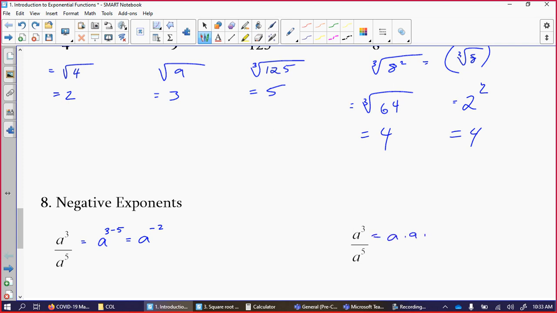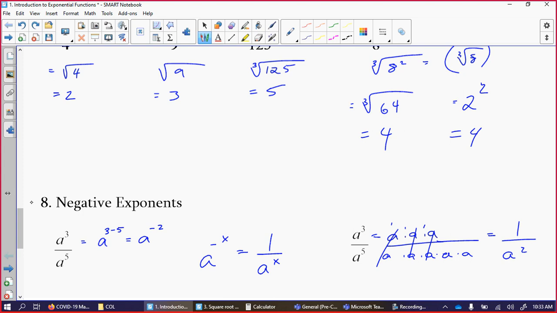A, A, A, A, A, A, A. Those go away, those go away, those go away. So we're left with 1 times 1 times 1 in the numerator, which is 1 over a squared. So a to the minus x is 1 over a to the x.